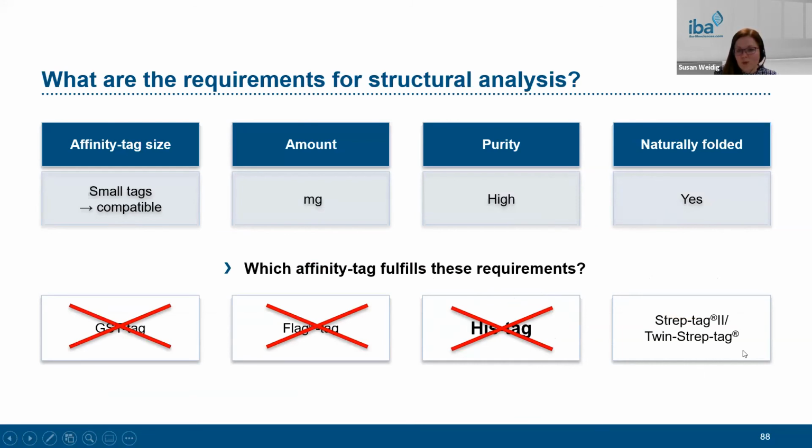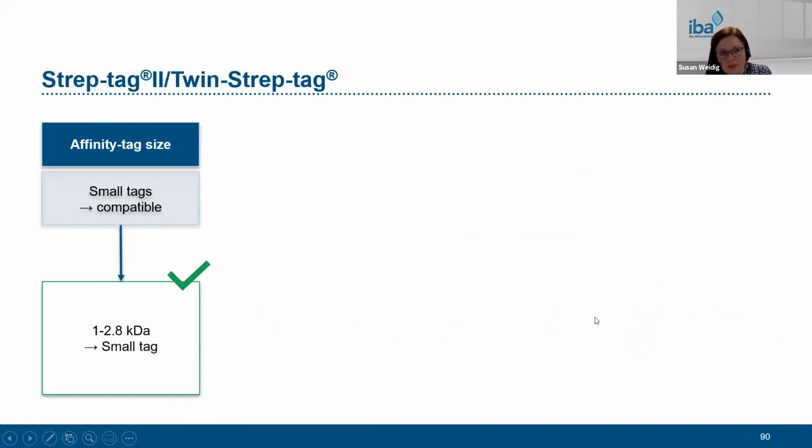So now we will focus on the Strep-tag and the Twin-Strep-tag, and whether they can be used if you plan structural analysis afterwards. The Strep-tag II and the Twin-Strep-tag are both small tags.